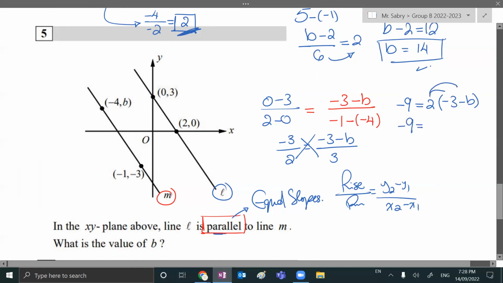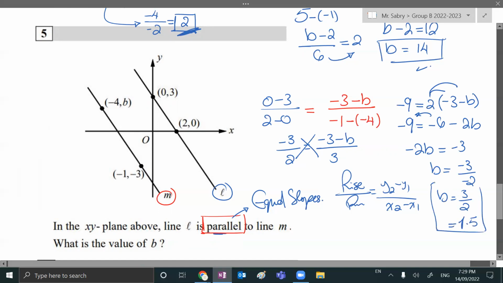So I'll have -9 equals -6 minus 2b, and then move the -6. So I have 2b equals -9 plus 6, which is -3. That would then give me that b is equal to -3 over -2, which means +3 over 2. If you wrote it as 3 over 2 or as 1.5, they're both correct.